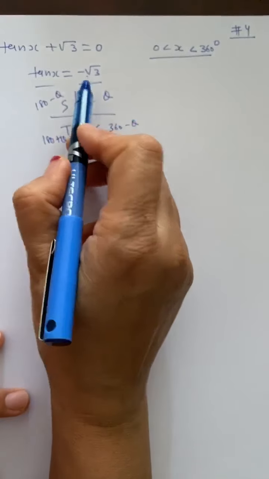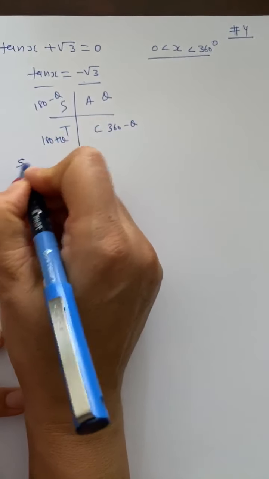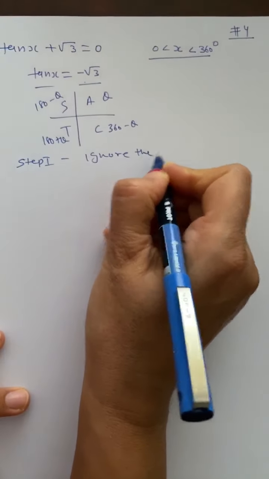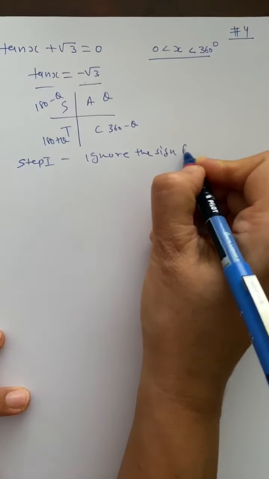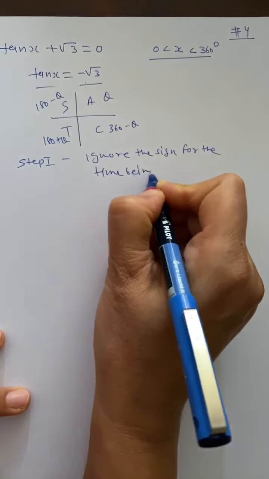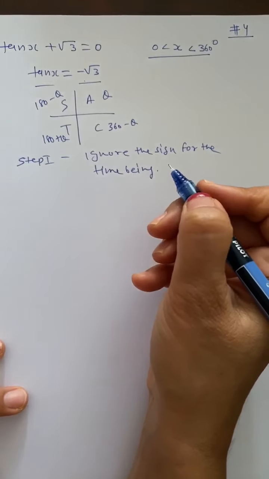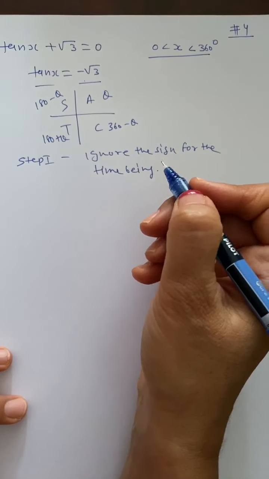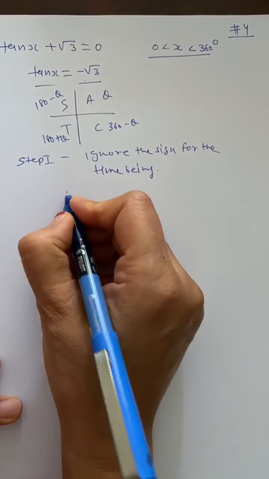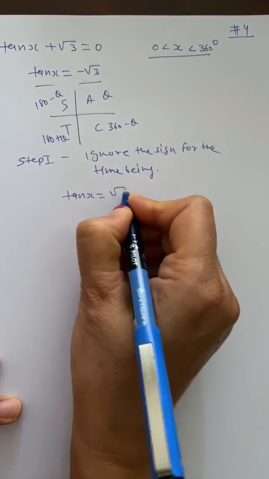Whenever I have a negative value, step number 1, I ignore the sign for the time being. I'm just going to write it down like that, and I will encourage you to take notes in your notebook as well. So ignore the sign for the time being, which means I'm going to look at tan x equal to square root of 3.